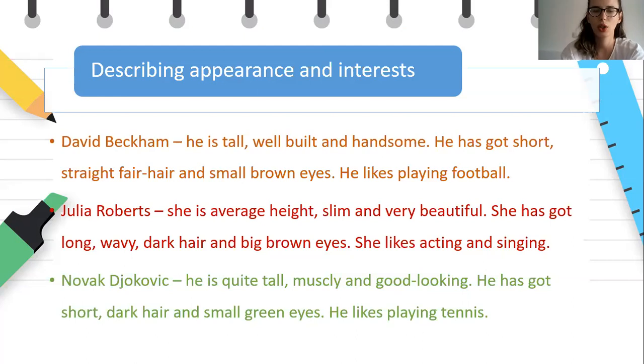She has got long, wavy dark hair and big brown eyes. She likes acting and singing. Novak Djokovic. He is quite tall, muscly and good-looking. He has got short dark hair and small green eyes. He likes playing tennis.